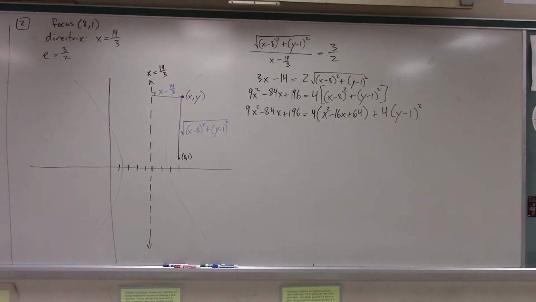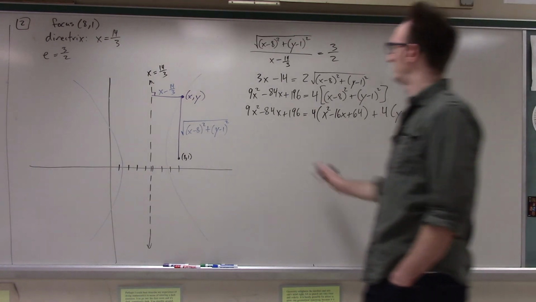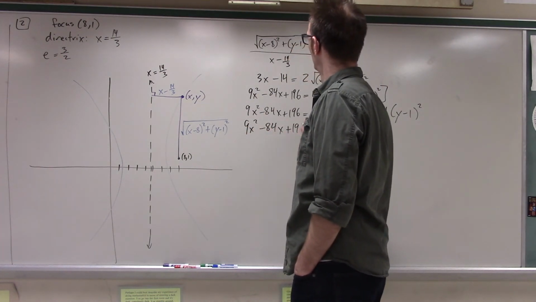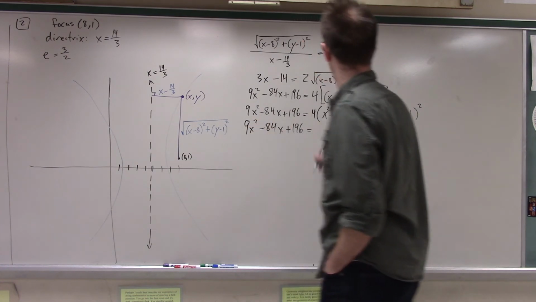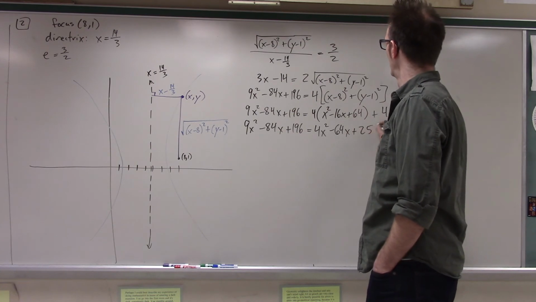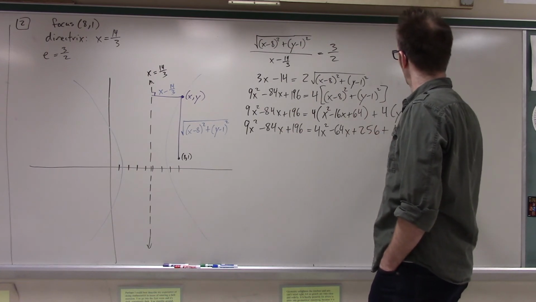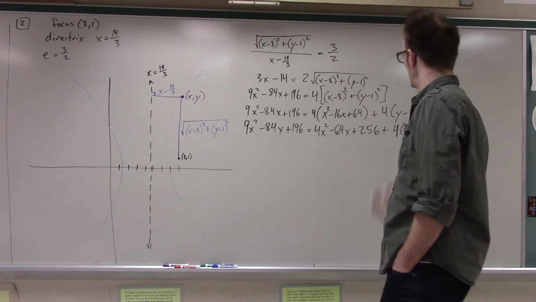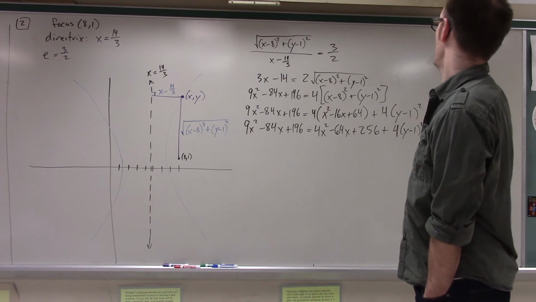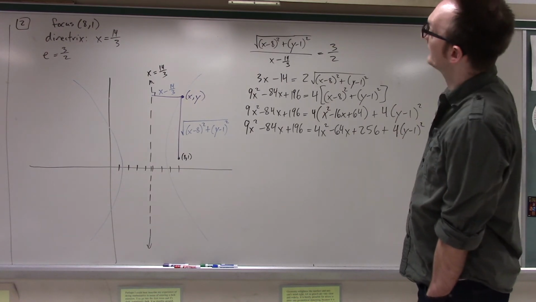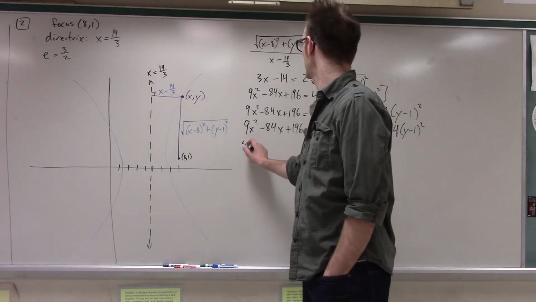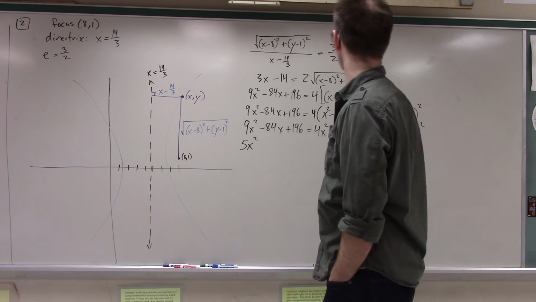And now I just have to keep on going. Hopefully I do this all right. So that's 4x squared minus 64. Okay, so I can tell which side it's going to be, because it's going to be an x equal. So I'm going to subtract the x's over, so that becomes 5x squared.